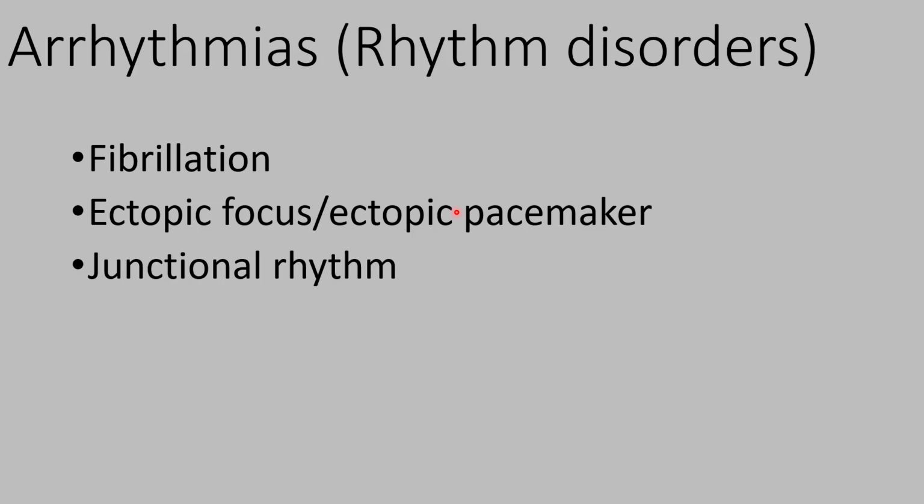Similarly, if some other part of the heart that is not normally an autorhythmic cell becomes an autorhythmic cell, that can cause an ectopic focus. That's really common in, for example, cocaine use or extreme use of caffeine. Those can happen on occasion.